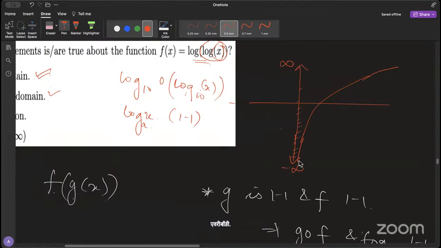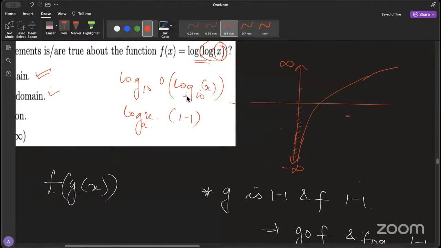That means your function is an onto function, right? This is not an onto function. If I take this thing, this is not onto because this part, the negative y-axis, is not covered. No value is on the negative y-axis. That's why this is not an onto function. But the one that we've made here, this one, this is an onto function.